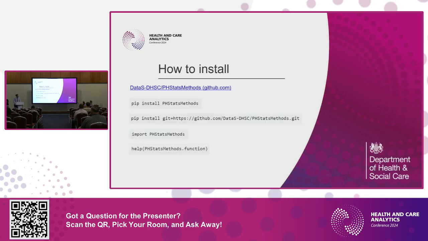And as Jack briefly touched on, you can download it either directly from the GitHub, and the package is available on PyPI, so it can just be downloaded directly via the console. And once you have it there, you can just import it using the standard method and call help on either the package itself directly or on an individual function if you want access to those docstrings, examples, and information about the parameters.